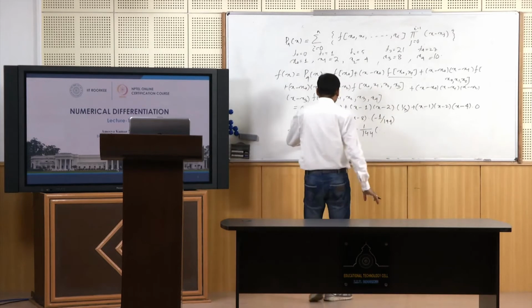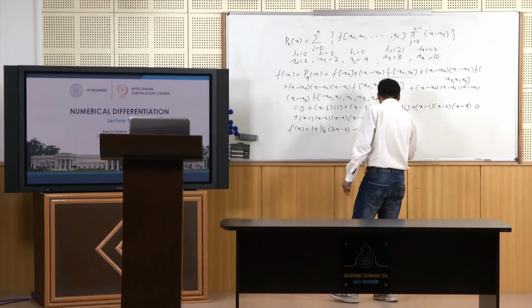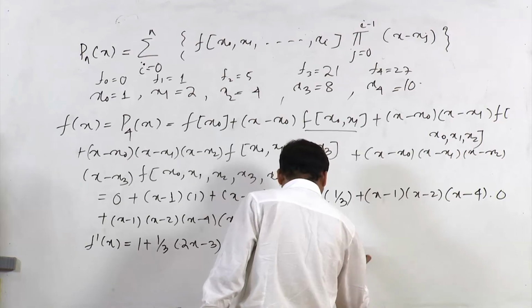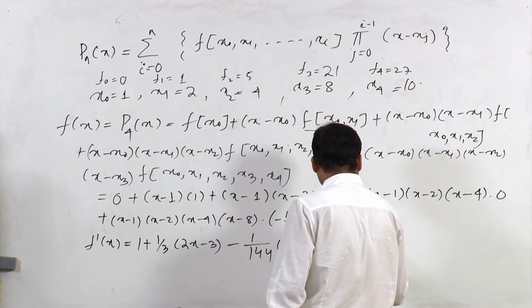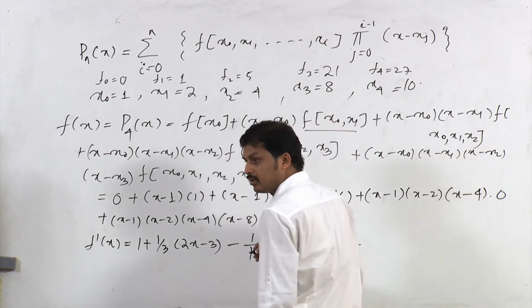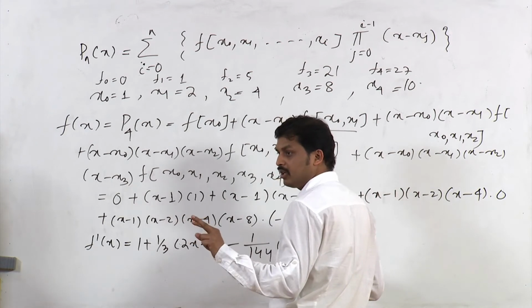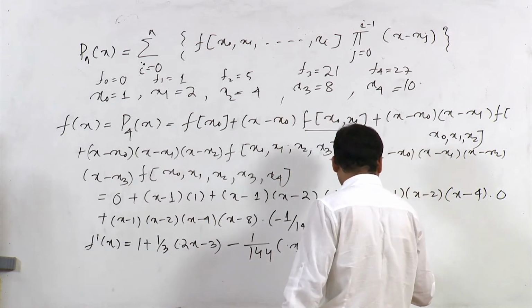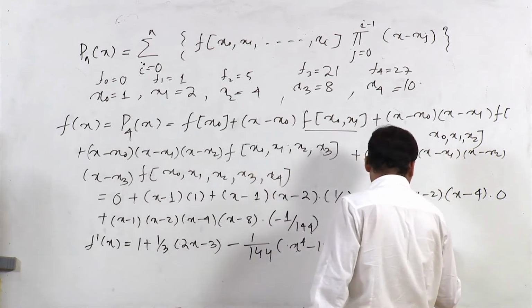So that is 1 by 3 into 2x minus 3, minus 1 by 144, x to the power 4 minus 15 x cube, then plus 70 x square, and 70 x square means the derivative will come as 140 x here, then the last term is minus 120.